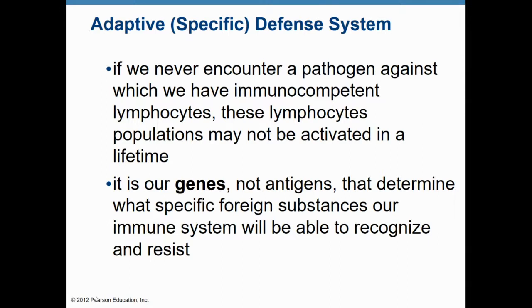Some of us will, just by sheer chance, through random mutations. Some of us are resistant to Ebola. But if we never actually encounter Ebola in our environment, then those Ebola lymphocytes will never be activated. They're there, they're hanging out just in case, but they may never become activated because you never encounter Ebola in your lifetime.